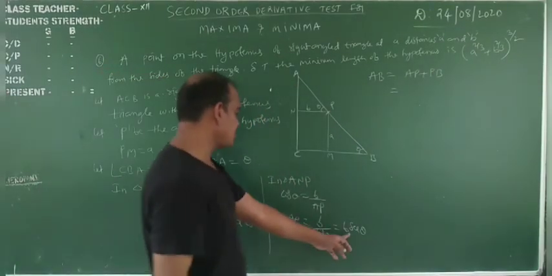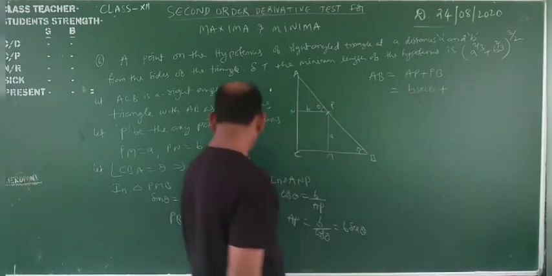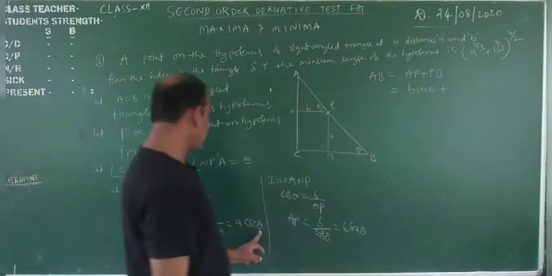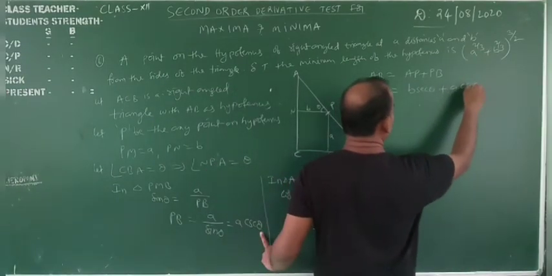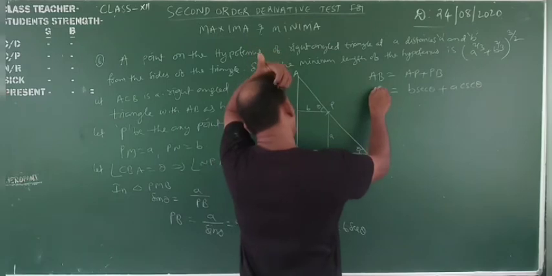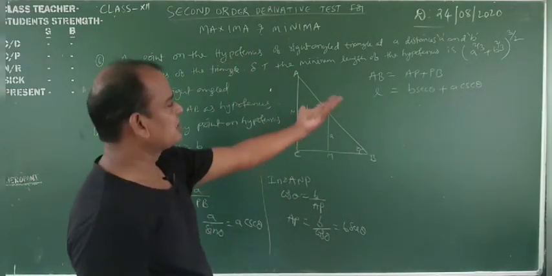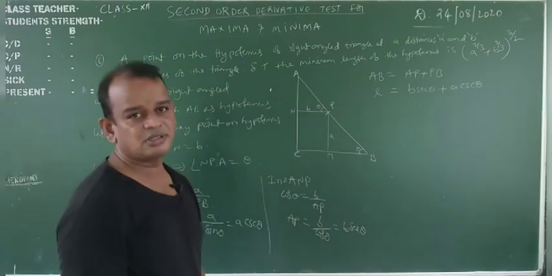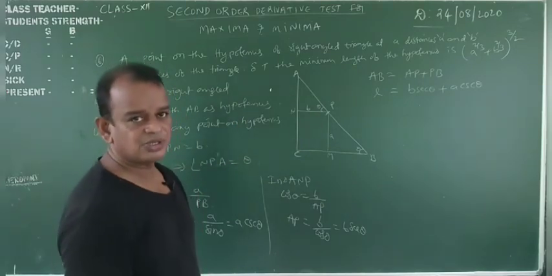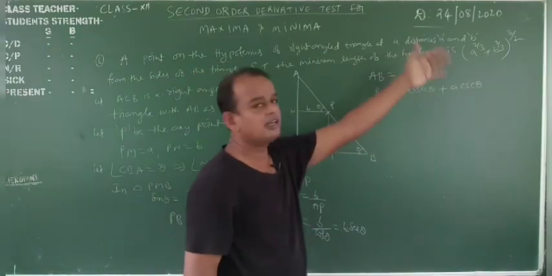AP is equal to b secant theta plus PB, and PB is a cosecant theta. This is AB, which is the length function, so we take it as L. That is the function. Now differentiate two times, we will get the critical points. After that, you find the value of theta and substitute in this one, you get the answer.